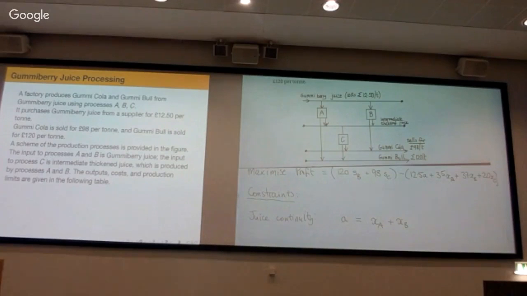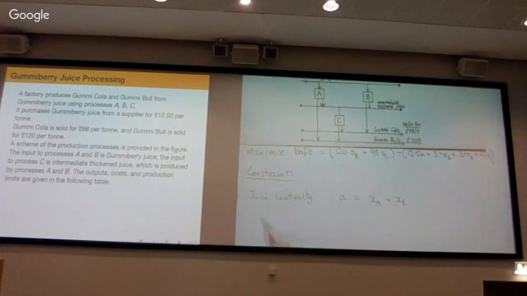Okay, of course there are the other pipes as well. So for each of them you need a constraint. There's this intermediate thickened juice. That's this pipe.